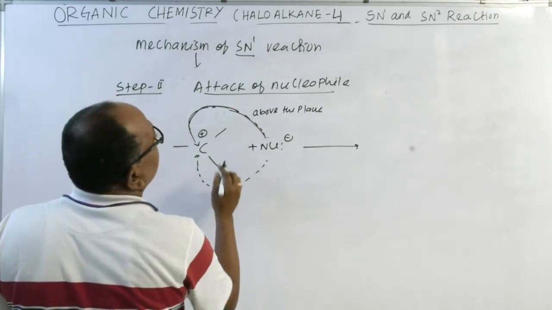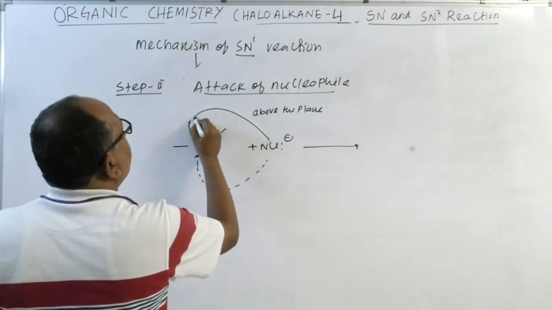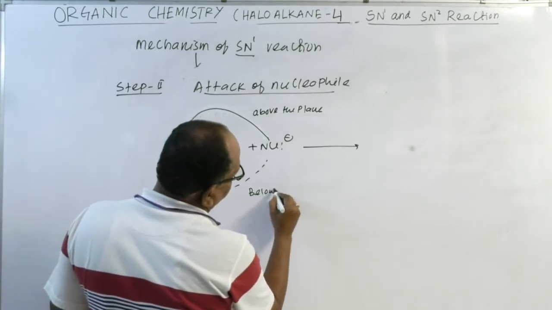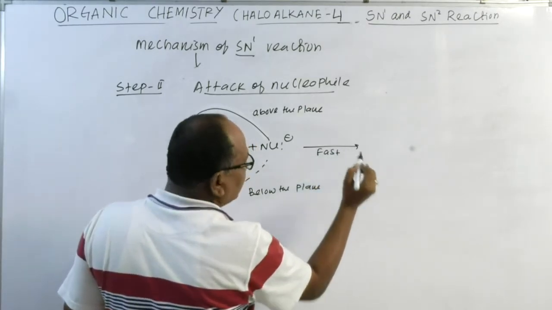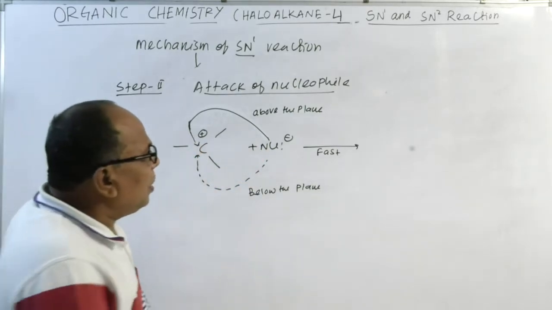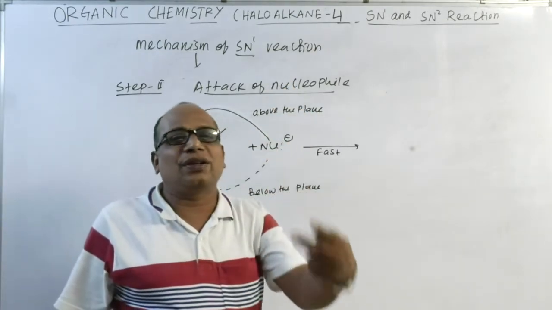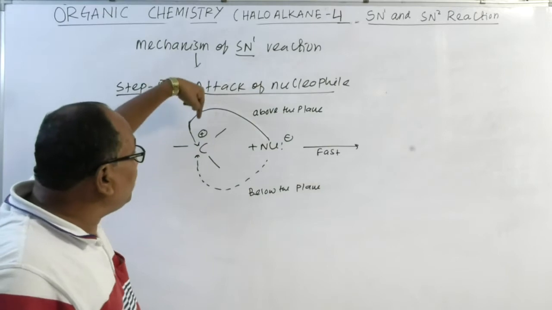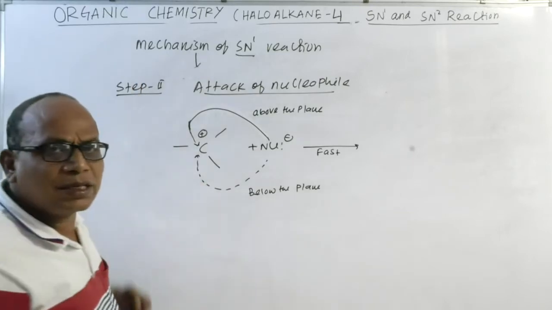And this is your above the plane, and this is your below the plane. This step is very fast because negative and positive attract each other. So, whether above the plane or below the plane, it gives the same or a different structure. When the nucleophile attacks above the plane, it will remain above; when it attacks below, it will remain below.